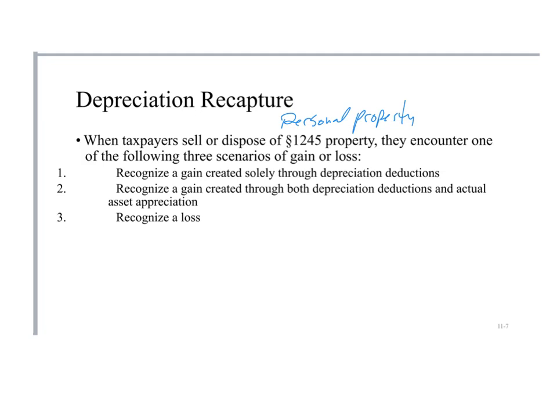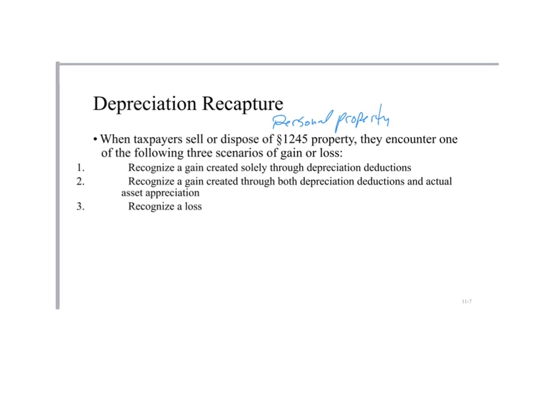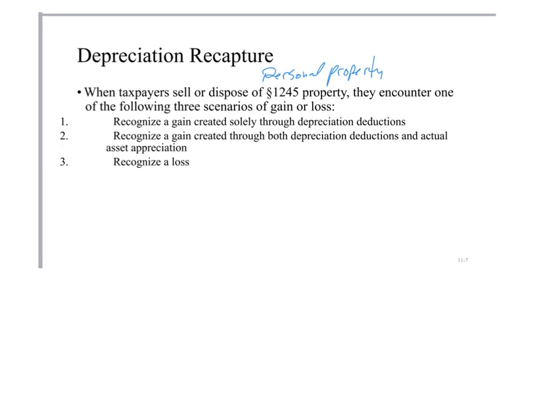You recognize a gain solely because of depreciation deductions. You recognize a gain created through both depreciation and actual asset appreciation, or you recognize a loss, okay? So you've got those three situations, all right? And so what I'd like to do now is talk about an example that kind of explains these three situations, all right?